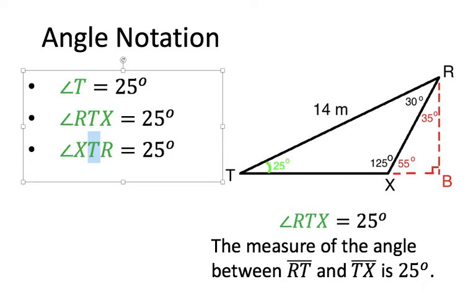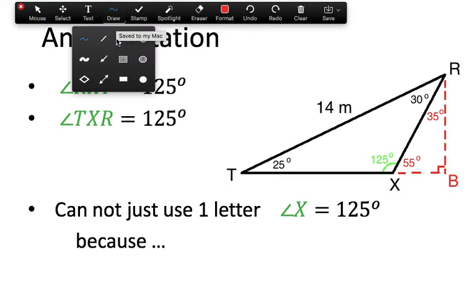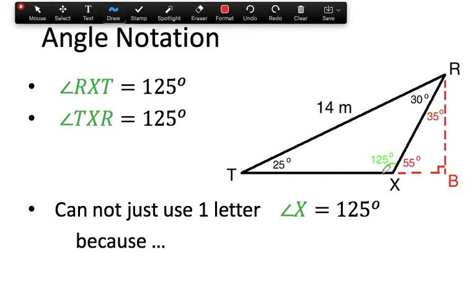So moving on. A lot of people I've noticed prefer to write the angle with just 1 letter. And you could sometimes do that, but not always. So let's give an example where you cannot just use 1 letter. So let's say that I'm trying to reference this angle right here, the 125.